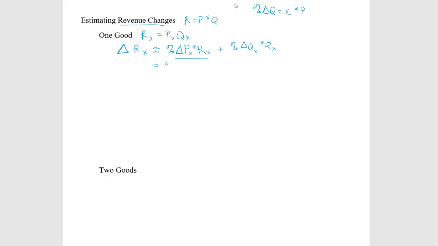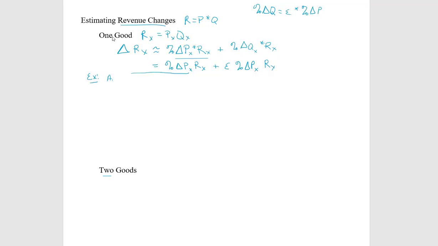So this equation becomes the percentage change in the price of X times the revenue, plus the elasticity times the percentage change in the price of X, times the revenue. I keep dropping that percentage change, I apologize for that. This first piece is going to give us how much price changes revenue, and this second piece is going to give us how much the quantity changes revenue. So just for the sake of demonstration, let's work through an example.